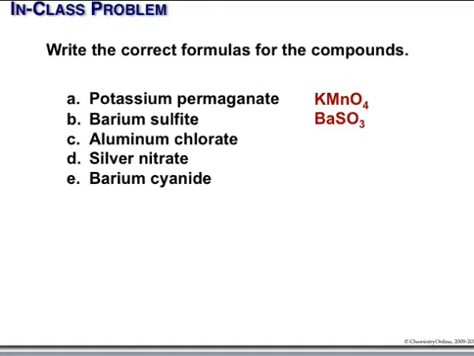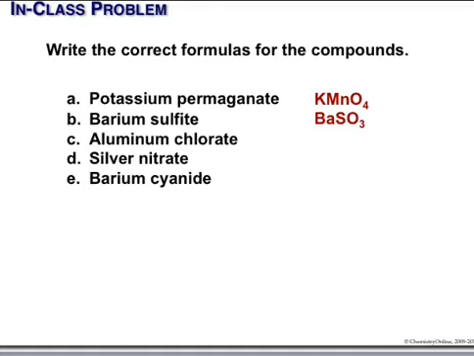Chlorate is going to be ClO3, -1. Aluminum, group 3, is going to be a +3 cation. So to hit neutrality, what do we need? For every 1 aluminum, we need 3 of these negatives, don't we?